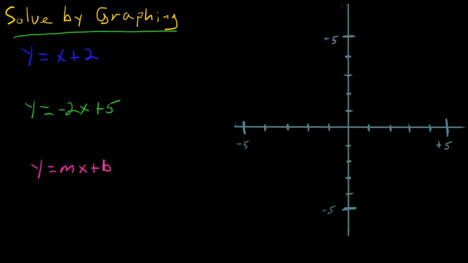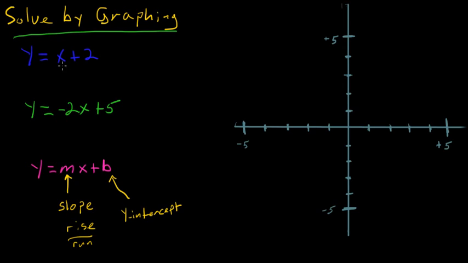The m here is our slope, our rise over run, and the b is the y-intercept of the equation. So when it's in this form, we have the slope and we have the y-intercept.